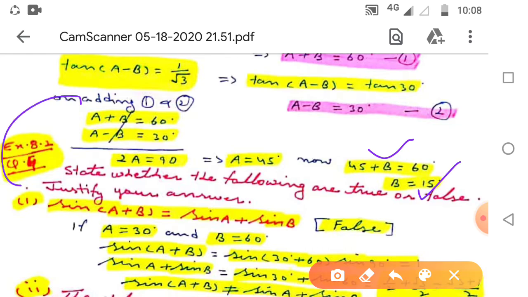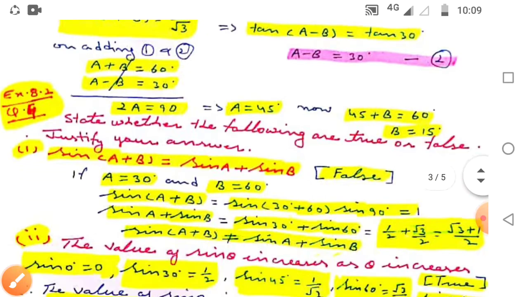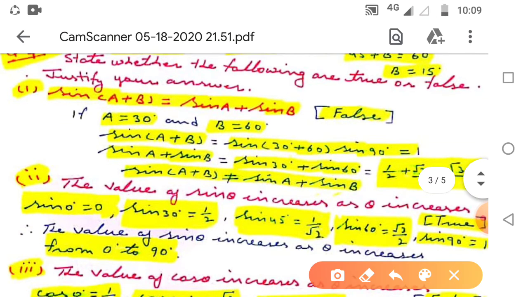Right? Now come to question number 4 of exercise 8.2, and this is: state whether the following are true or false. Justify your answer. So sine (a plus b) is equal to sine a plus sine b. This statement is not correct. When a is equal to 30 and b is equal to 60, the value of sine (a plus b), that is sine (30 plus 60), that is sine 90, and sine 90 is equal to 1.